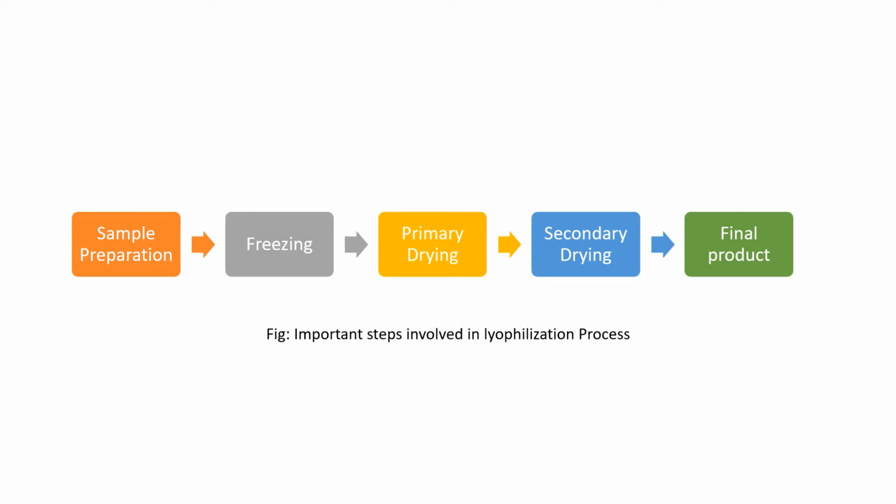The secondary drying process starts during the primary phase but at an elevated temperature in the range of 30 to 50 degrees Celsius. So this is about the secondary drying stage.